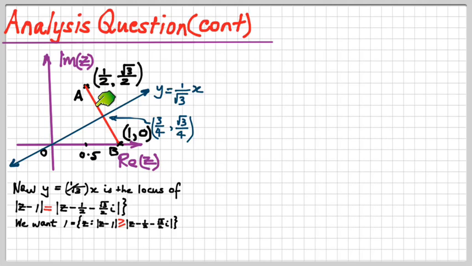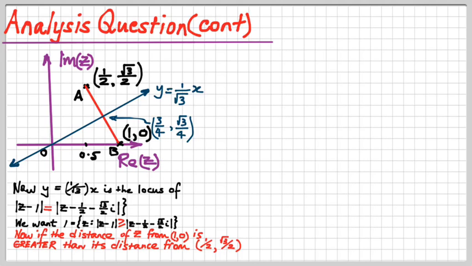So can you see which region we're looking at here? If the distance of z from 1, 0 is greater than the distance from a half and root 3 over 2, which section do you think? Well, here's the answer.